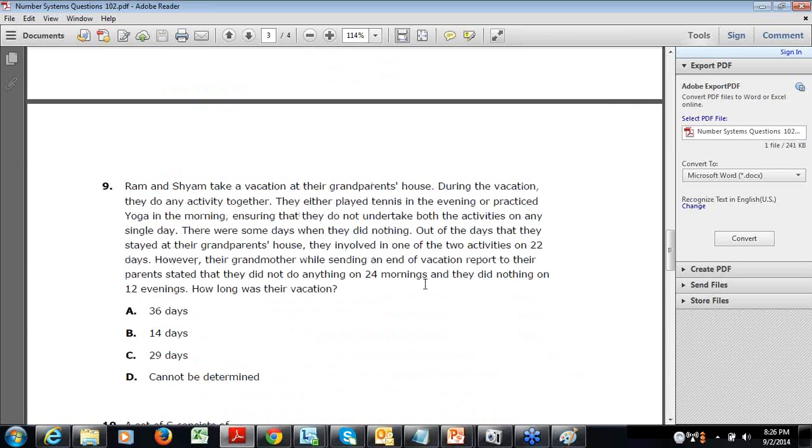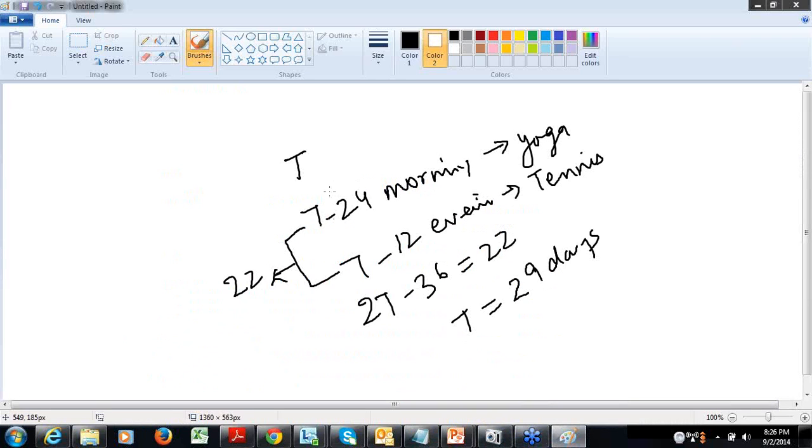Question number 9 once again. So let me repeat once again. For those who did not get it, let the total number of days be T days. Okay. What it is saying: 24 mornings they did not do anything. So T minus 24 mornings they practiced yoga, because T is the total number of days. And on 12 evenings they did not do anything, so T minus 12 evenings they played tennis.